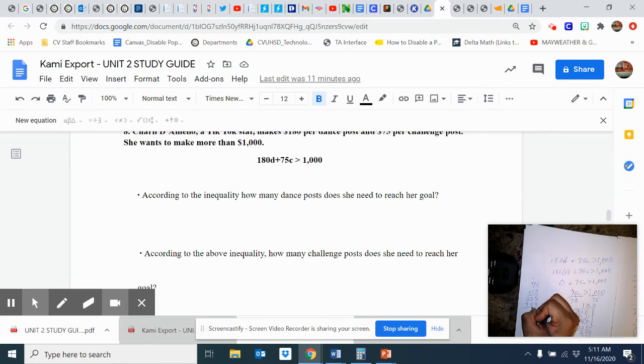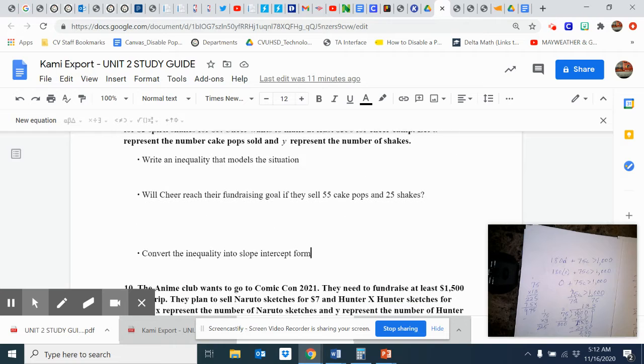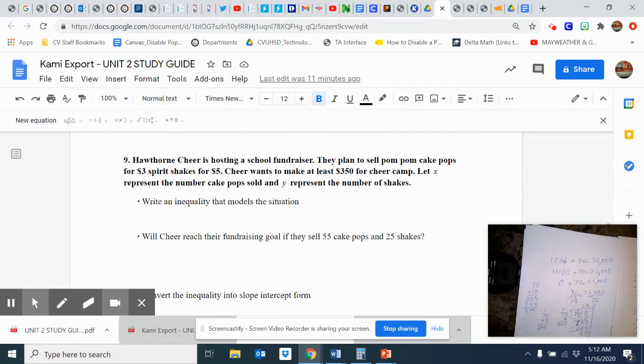This won't work if it's 13, which is why I say greater than 13. See how that's less than 1,000. So since it's 13.3, 14 is going to work. Anything over 14, so 14 is going to be 1,050. Anything that's greater, just be cognizant of that. And we're going to do the last ones on here with that. So we're at 9.